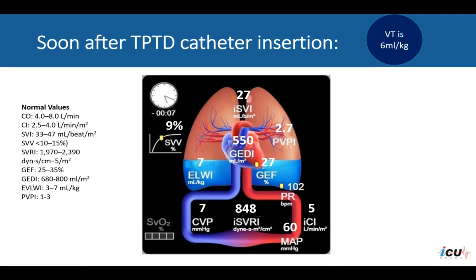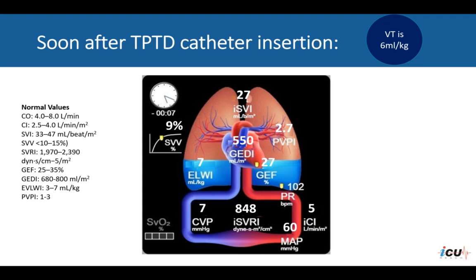So again, when you analyze this, you start with the preload. In order to know the preload, you look at the global end diastolic index, which is decreased. Stroke volume is decreased. Now, the stroke volume variation is not elevated, but remember this patient is on 6 ml per kg of tidal volume on the ventilator.